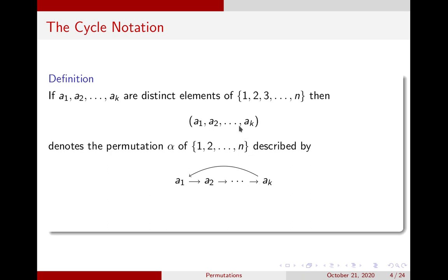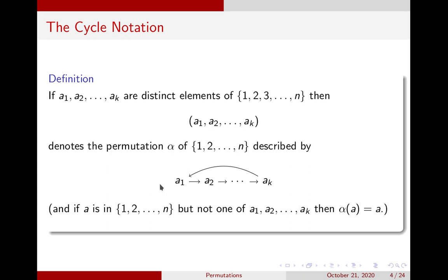The second to last number in this k-tuple is sent to a sub k, and alpha of a sub k is a sub 1. So this k-tuple is shorthand for this picture of a cycle. And if you have a number between 1 and n that's not one of the a's, then alpha of that number is that number.